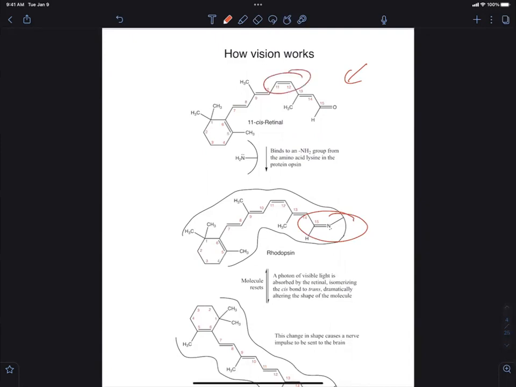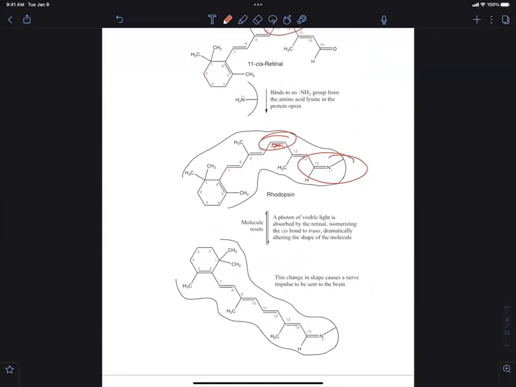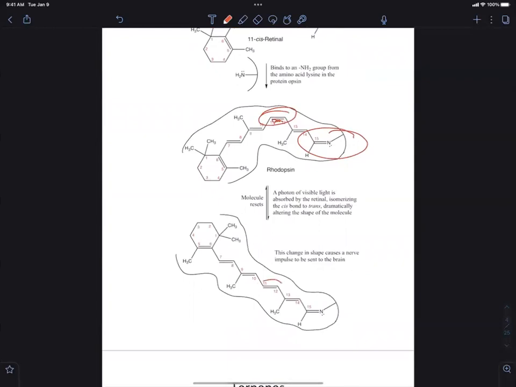When a photon hits this molecule, the antibonding orbital inside that bond is now populated. Essentially, you're breaking the double bond, the pi bond there. That allows the molecule to rotate and form the more stable trans geometry.